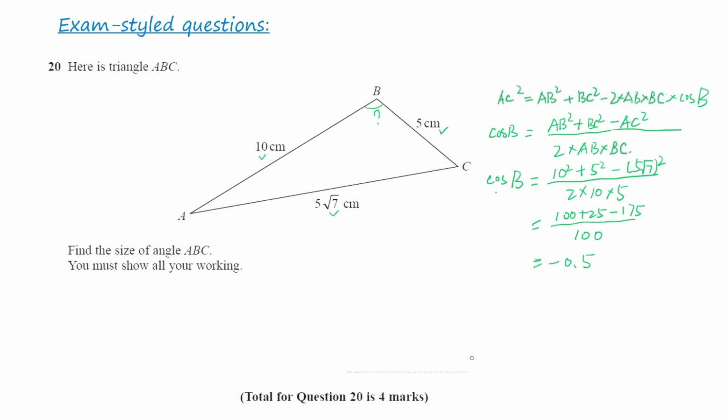So we know cosine B is this one, and so B is arc cosine of minus 0.5, and then use your calculator to get the answer, 120 degrees. So this is our answer, and you can write down the answer here.